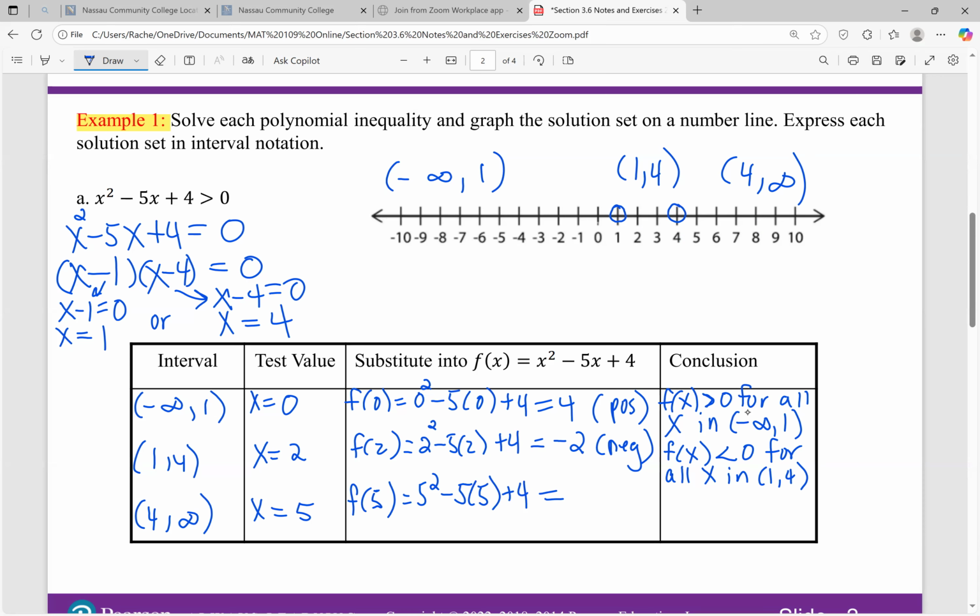So 5 squared is 25 minus 5 times 5, which is also 25, right? So 25 minus 25 is 0, and then we're going to get plus 4. So that's going to be positive. So f of x is positive for all values of x in the interval 4 to infinity.